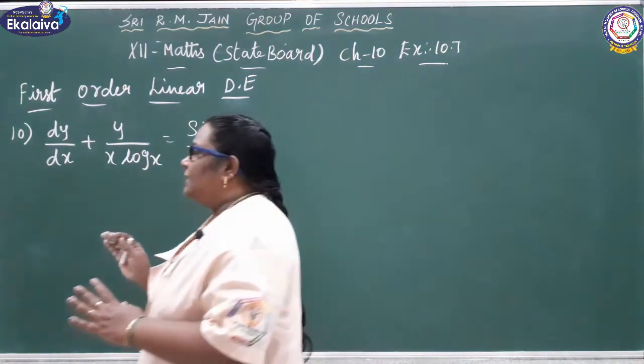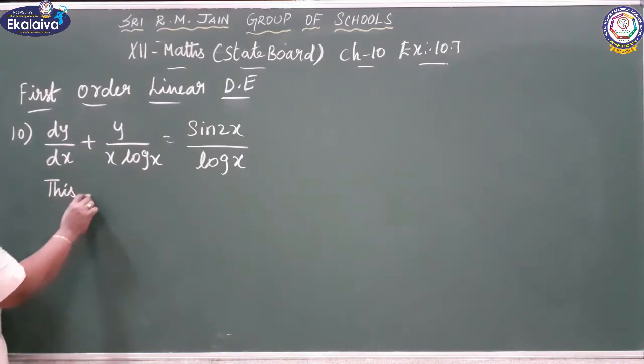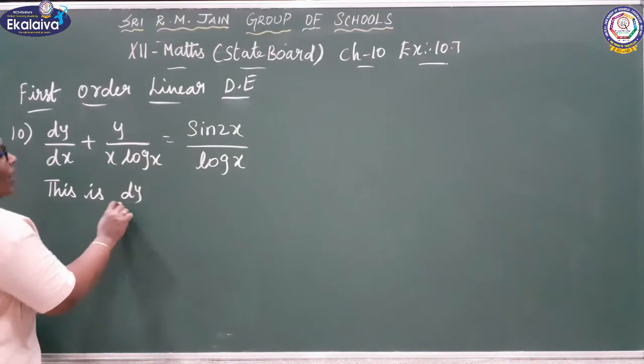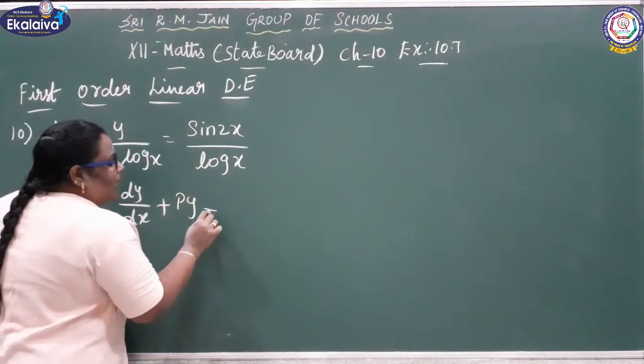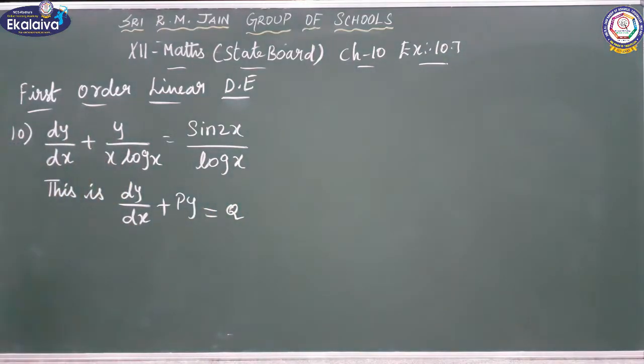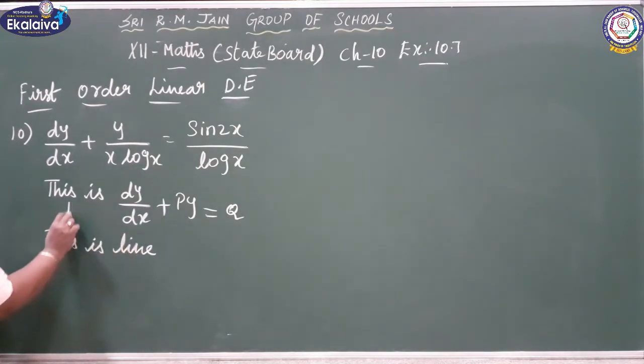See the 10th sum. It is in the form dy by dx plus y by x log x equal to sin 2x by log x.